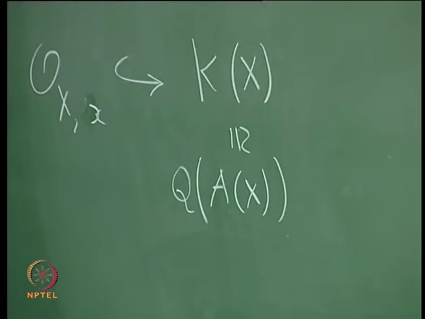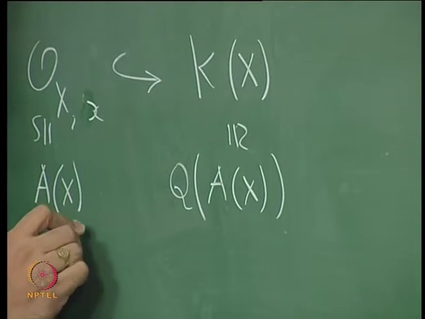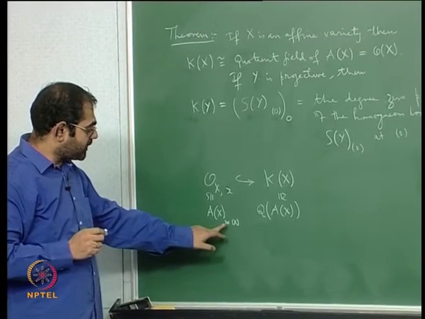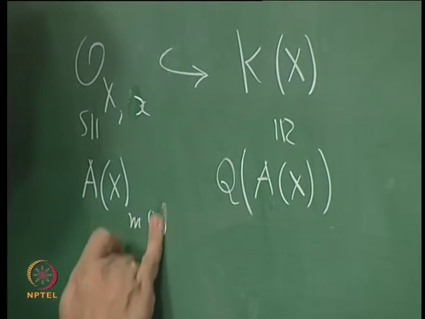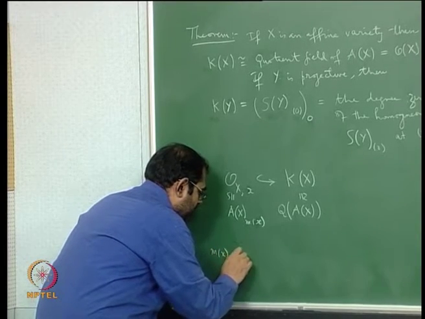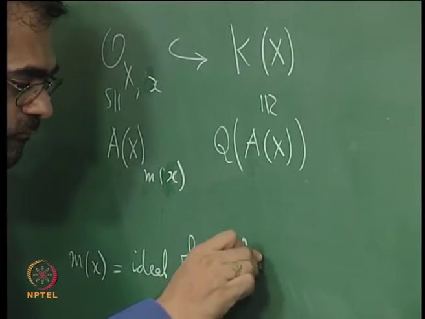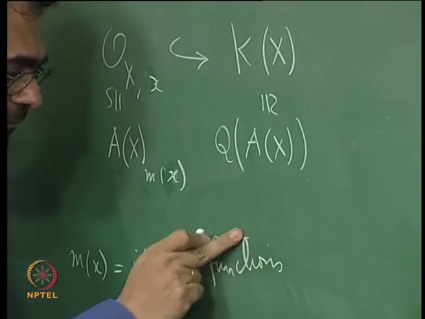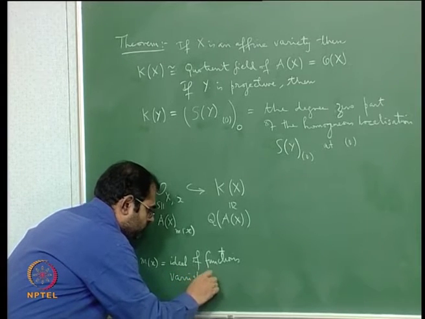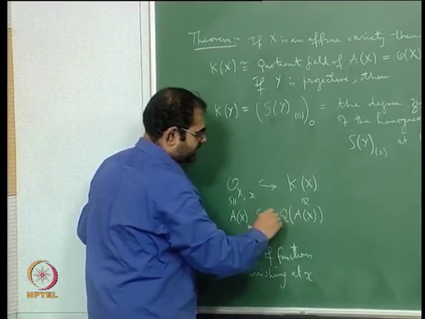This is an isomorphism, and we have already seen that this is nothing but Ax localized at Mx, where Mx is the maximal ideal in Ax corresponding to functions that vanish at small x. So Mx is equal to the ideal of functions vanishing at x. We have already proved this and we have this inclusion.